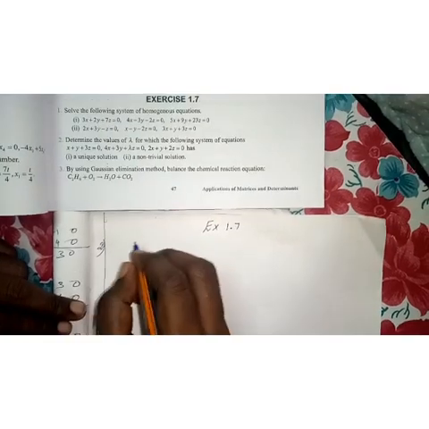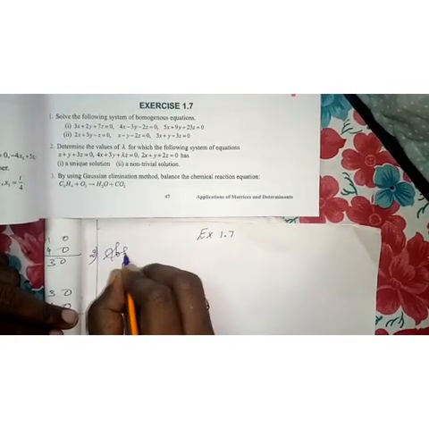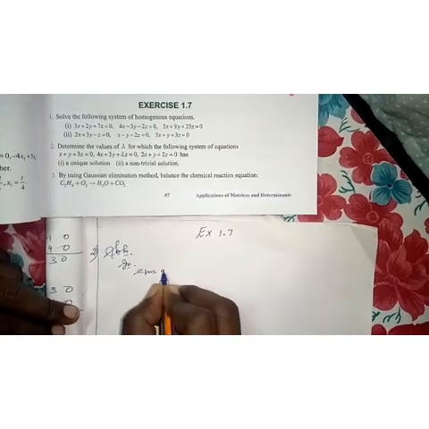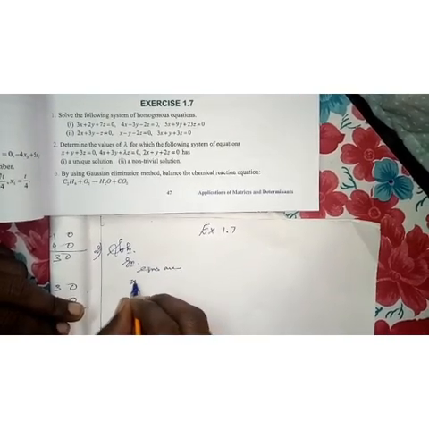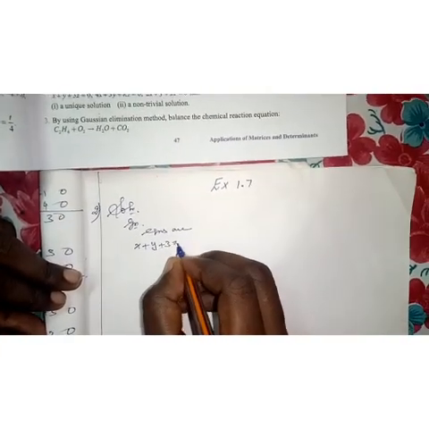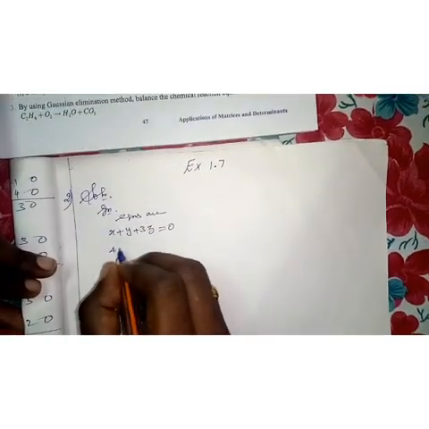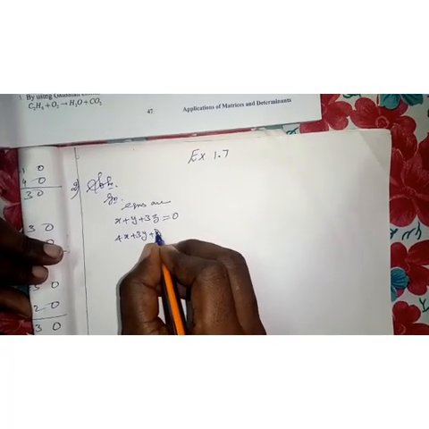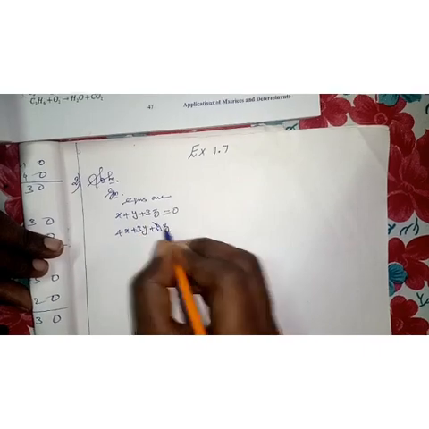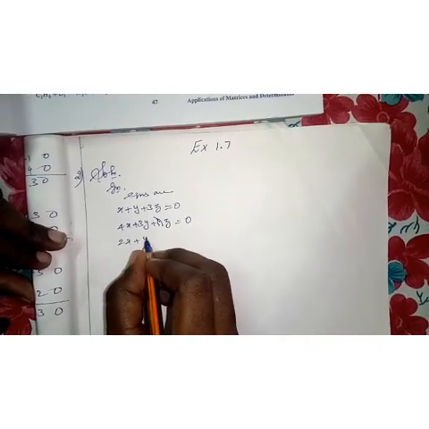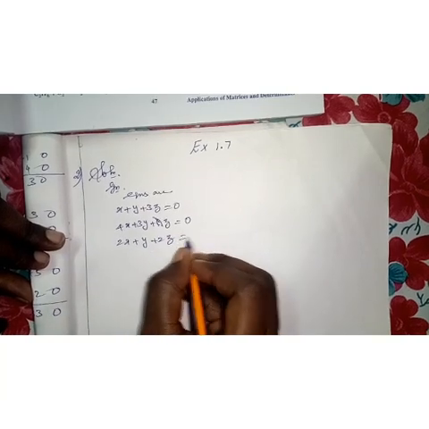Second number, solution. Given equations are, it's a very important sum, 5 marks sum for this exercise: x + y + 3z = 0, 4x + 3y + 4 lambda z = 0, 2x + y + 2z = 0.